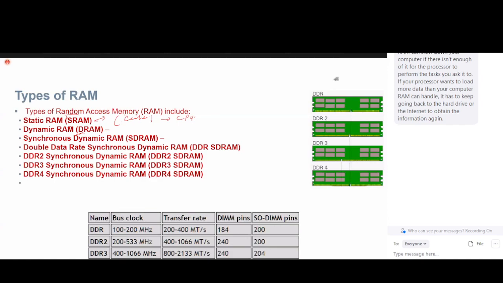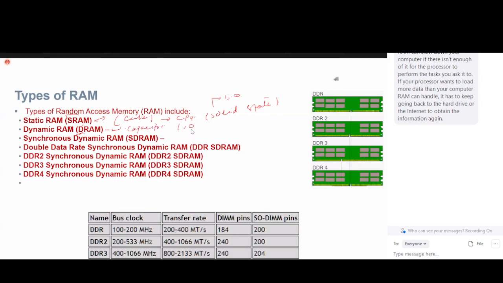Dynamic RAM basically uses capacitors to store ones or zeros, right? So it uses a capacitor, and the capacitor charges and discharges. Charge means one and discharge means zero, right?